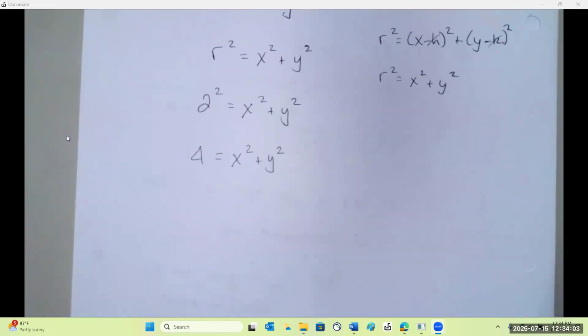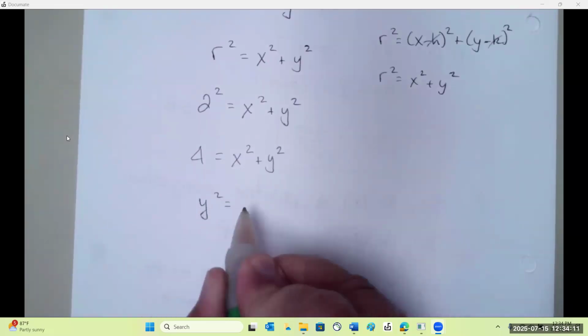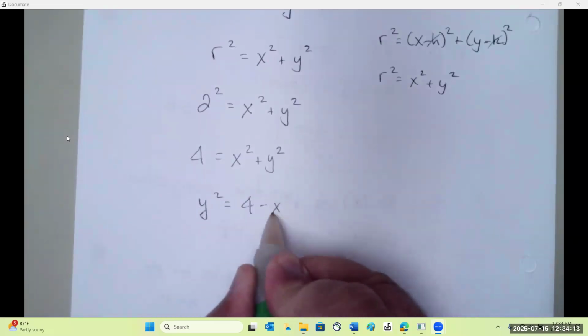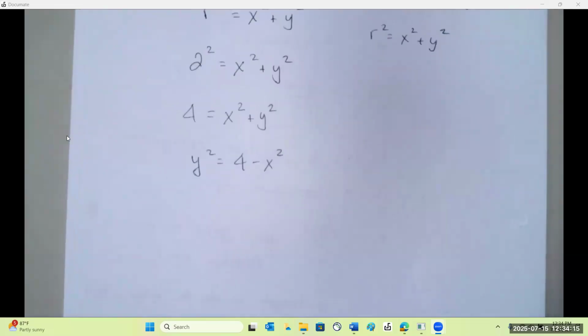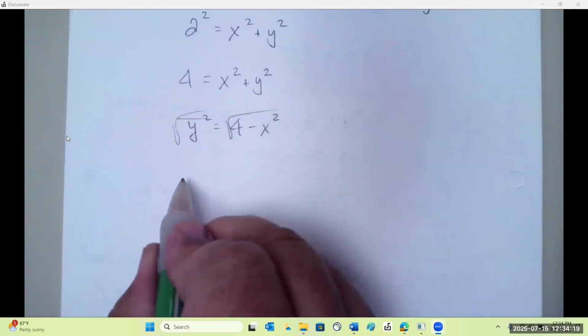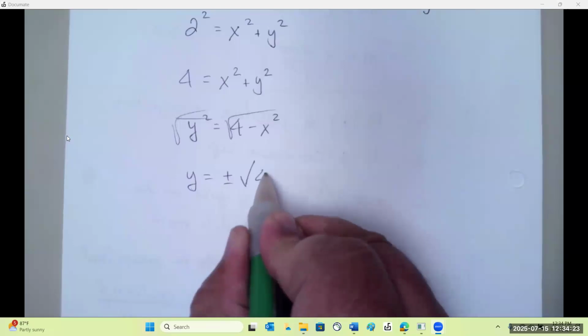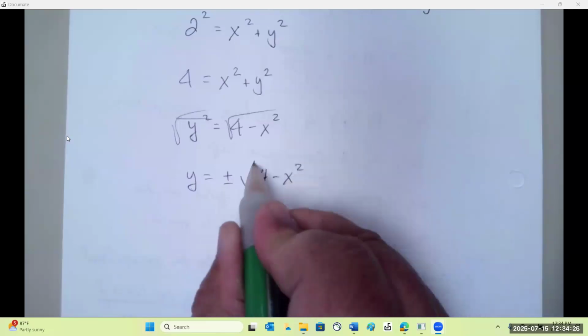What are we solving for? We're trying to find the equation of that semicircle. So we solve for y. So y squared is 4 minus x squared. Square root both sides. Y is equal to plus or minus the square root of 4 minus x squared.